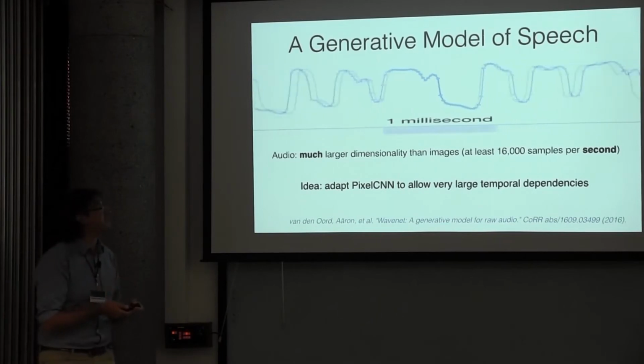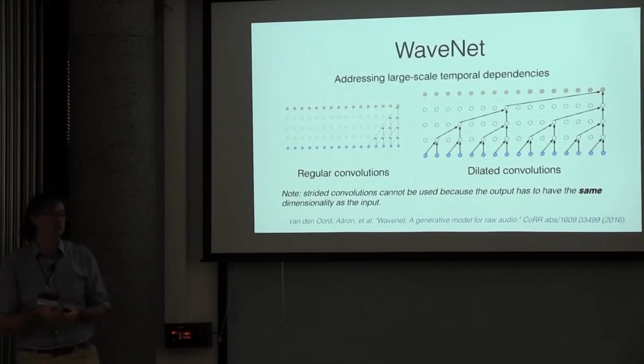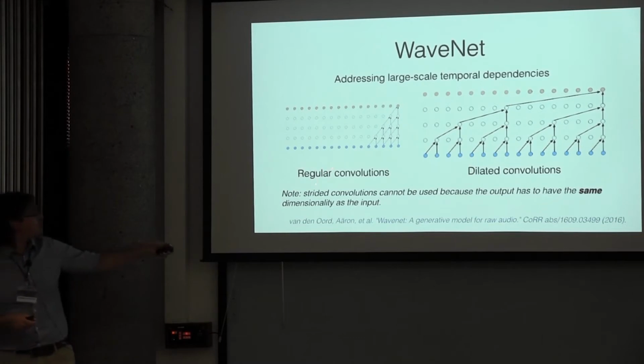The way they did this is they used the same basic convolutional autoregressive structure as we saw with the PixelCNN, but they did something to it. Over here on the right, on the left, I'm showing you regular convolutions. This is what we saw with PixelCNN, where in this case the local receptive field is 2 pixels, and you can nicely see how as you go up in layers, the effective receptive field at this pixel is larger.